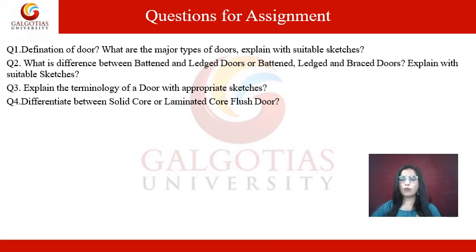So you have to explain these types of door with suitable sketches and the terminologies of door. Next is explain the terminology of a door with appropriate sketches. Next question is differentiate between solid core or laminated core flush door. So you have to cover all these questions in your assignment.